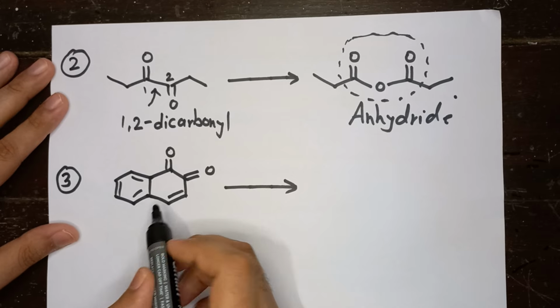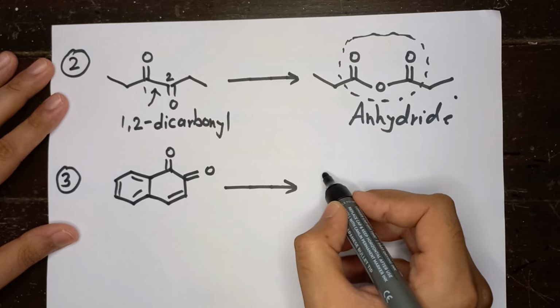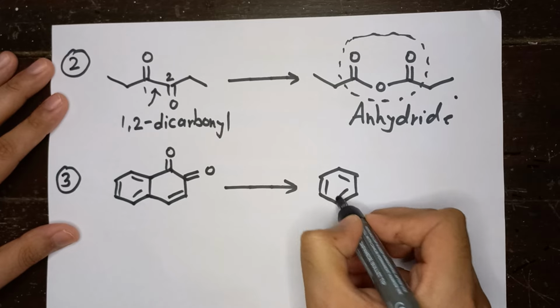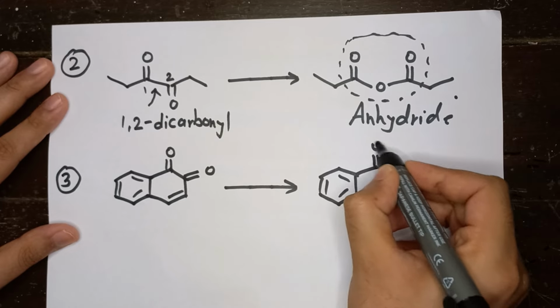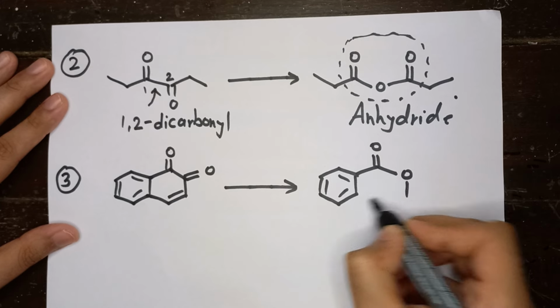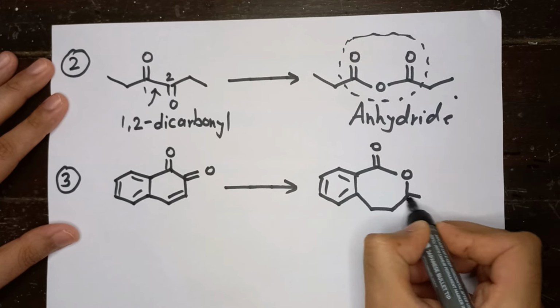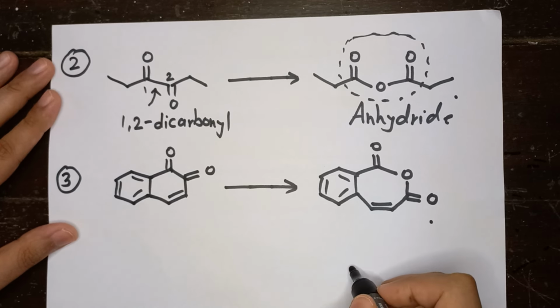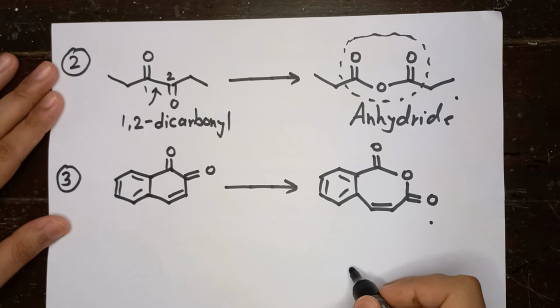So as discussed, we have to insert oxygen here and make anhydride, and that will be the product. So this is the product for this particular reaction.